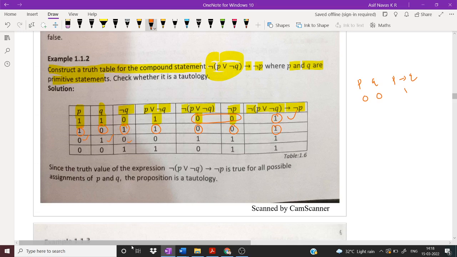Similarly, we can do all of these, and the truth value of the final column is all 1. So this is a tautology.